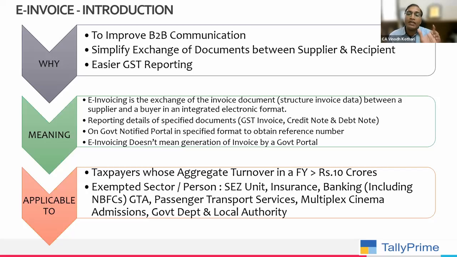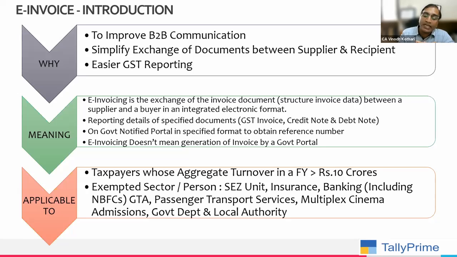This is PAN-based turnover, all India PAN-based turnover. If you see the definition of aggregate turnover in GST, it means your taxable turnover, that is those goods and services on which GST is applicable, your export turnover, your exempted turnover, your non-GST turnover also, non-GST supply also.